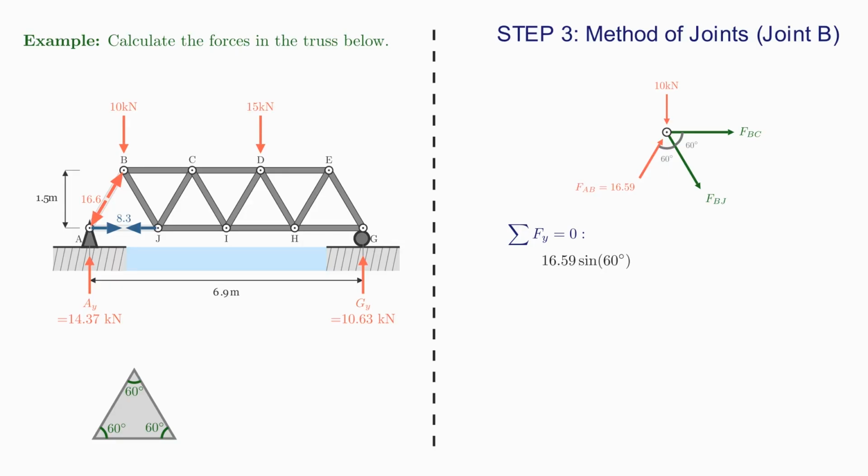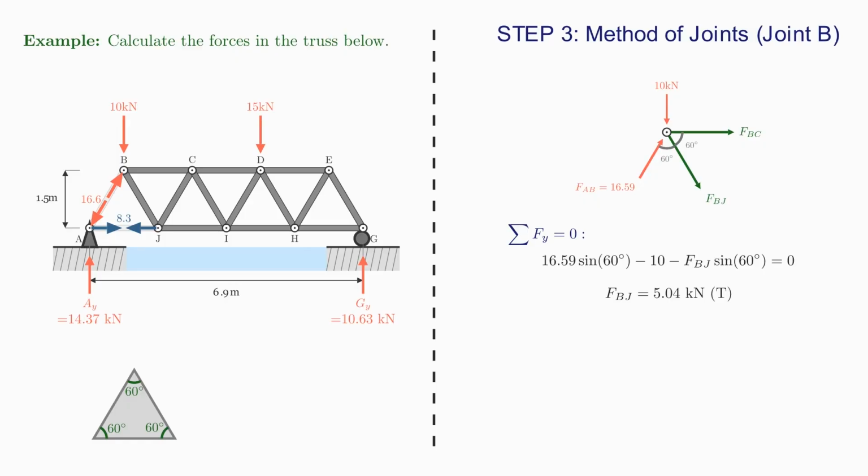Then acting downwards, I have the 10 kilonewtons, and I also have the vertical component of FBJ, which is FBJ sine 60. All of these added together equal 0. I can rearrange and solve this equation, and this gives me that FBJ is 5.04 kilonewtons. Since it's positive, this member is under tension.